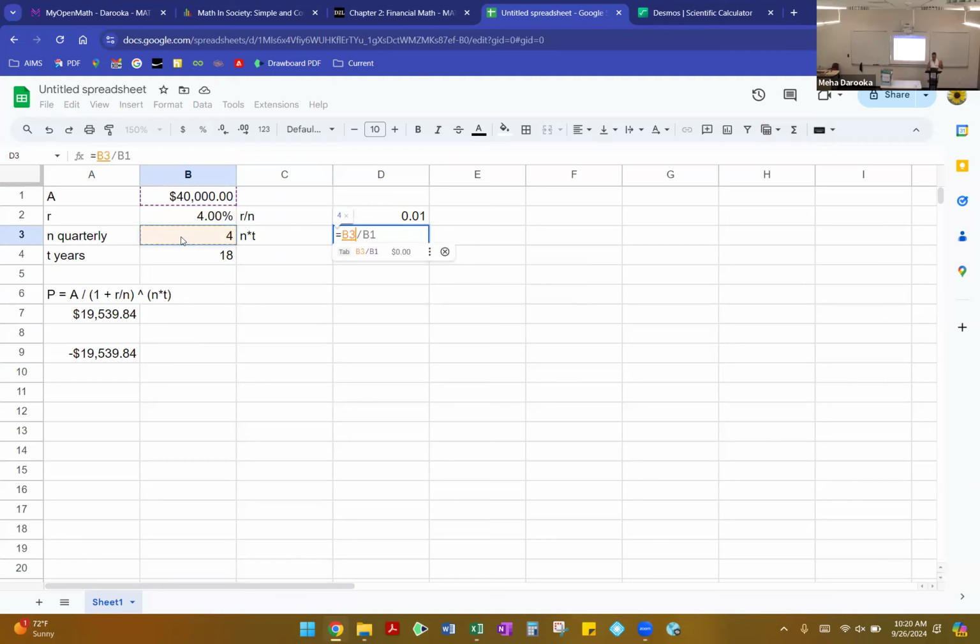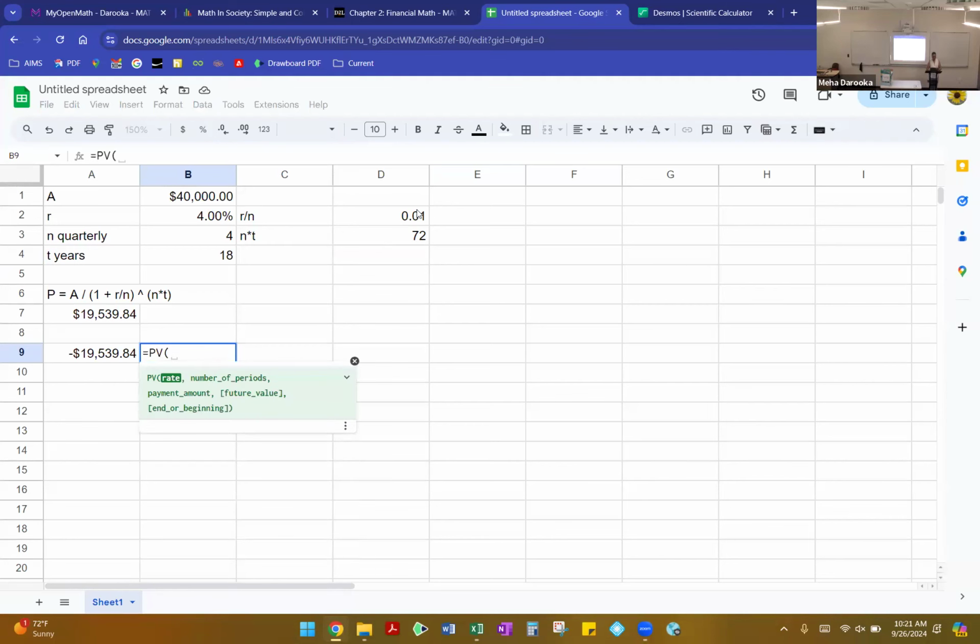So this would be N times T. And then you can come back and do the PV function. And we would say, okay, the rate was the R divided by N. The number of periods was the N times T. Our payment amount is still 0. And then our future value is 40. So that would be the other way to do it, right?